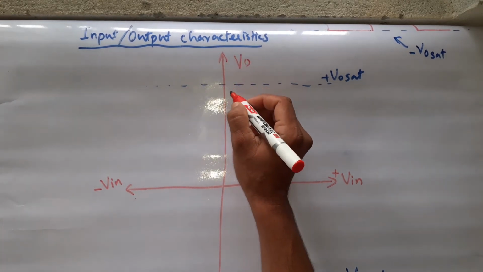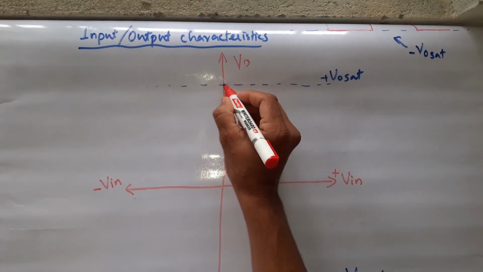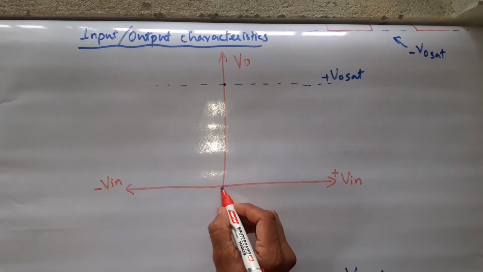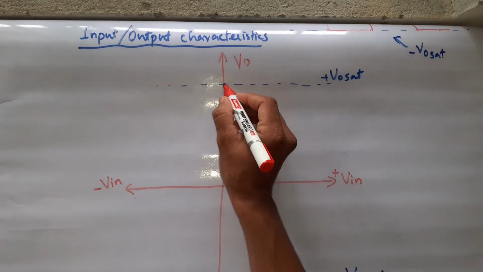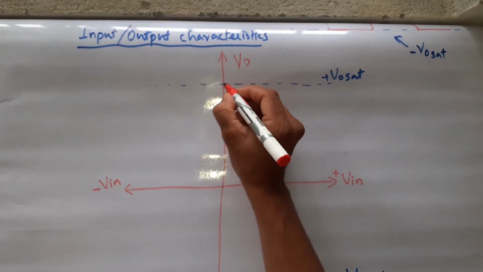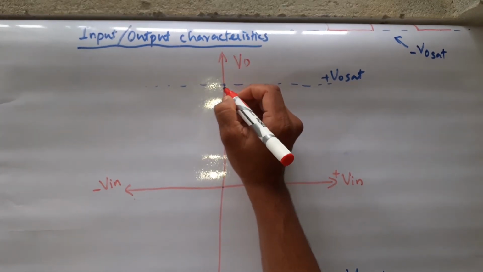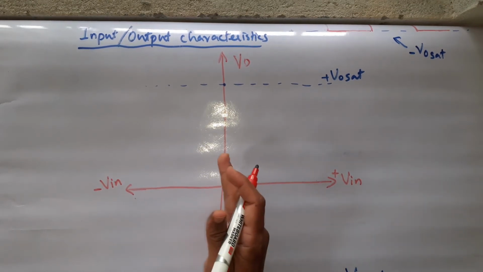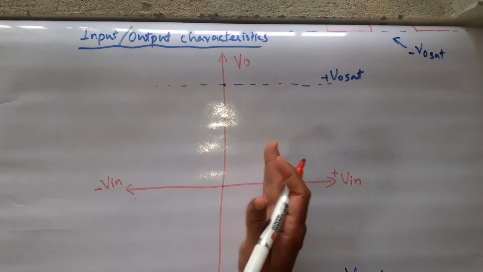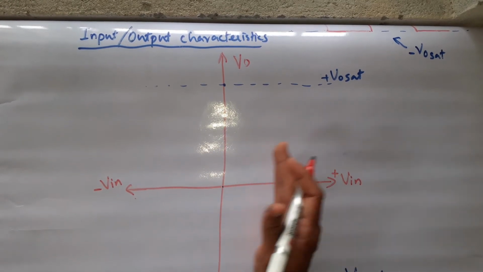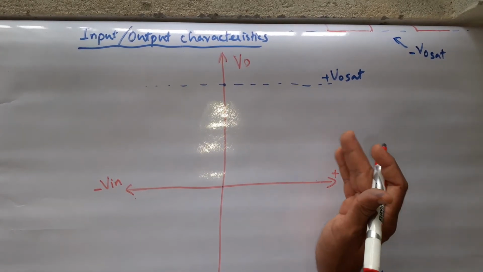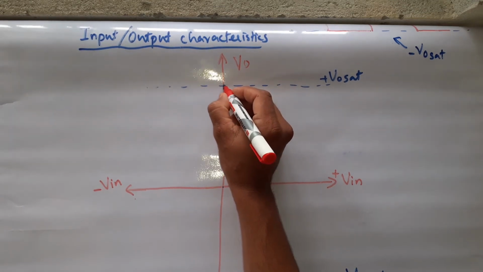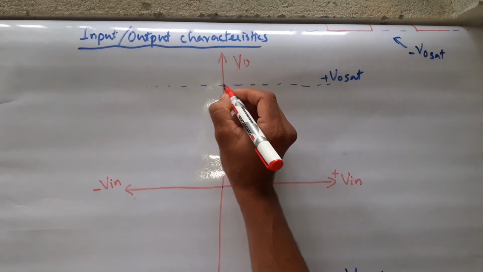Now let me start from this point. At this point my input is 0. See, this is at origin, right? My input is 0. Okay, now as my input starts increasing in positive direction, right side, so my output will remain where?